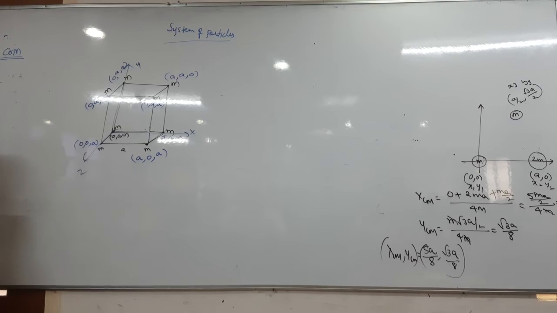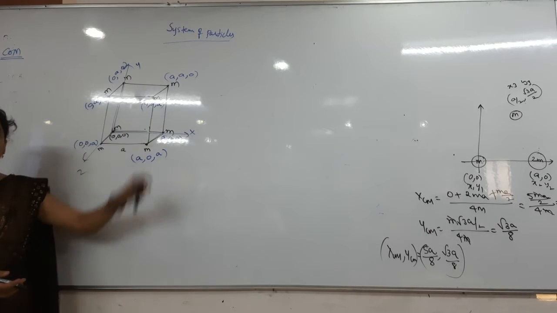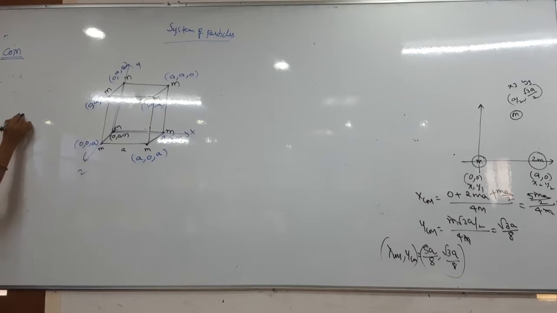Then you find the center of mass, that is xcm. Xcm is equal to: how many masses have nonzero x coordinates? Tell me first of all. Three or four? 1, 2, 3 and then 4. Clear? So what can I write here? 4 Ma directly, Ma plus Ma plus Ma plus Ma.